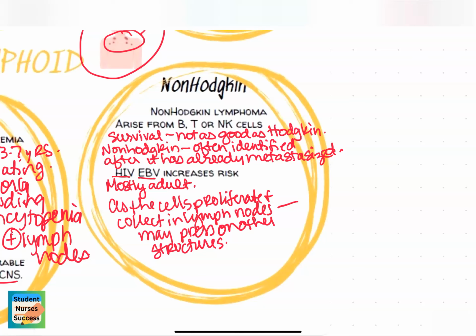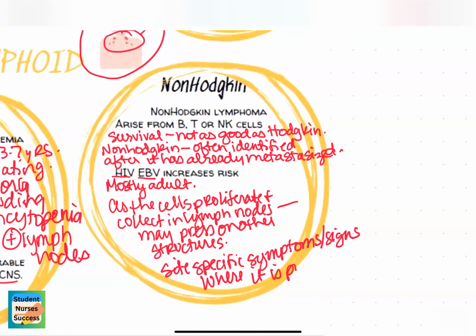So we start to see maybe some site specific symptoms and signs where it's pressing. And so these collections can get quite large. And so you might actually see some thoracic symptoms.